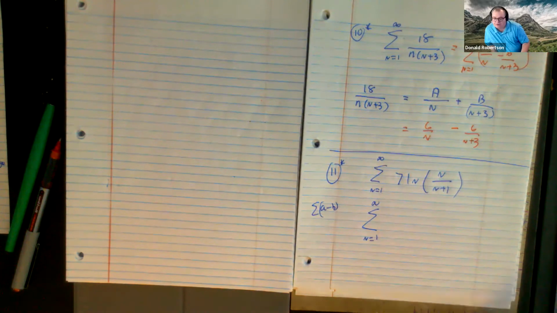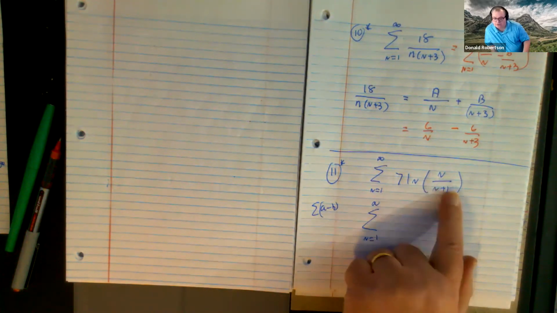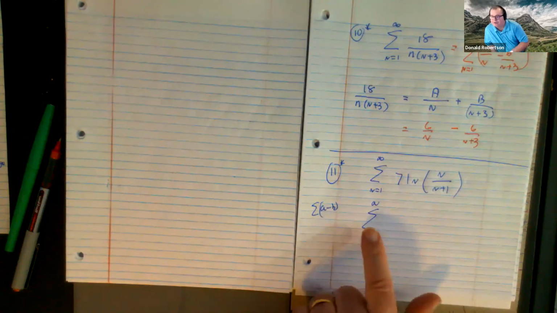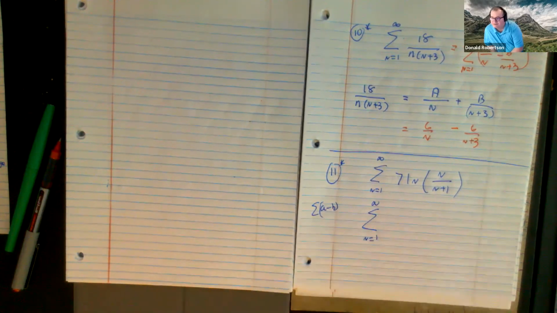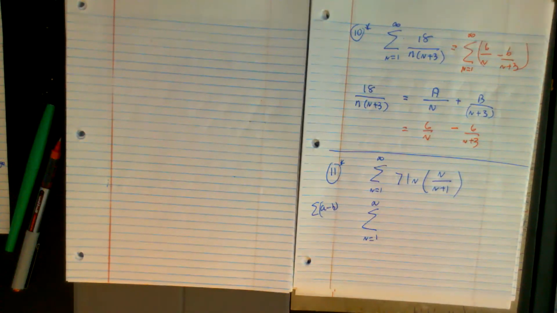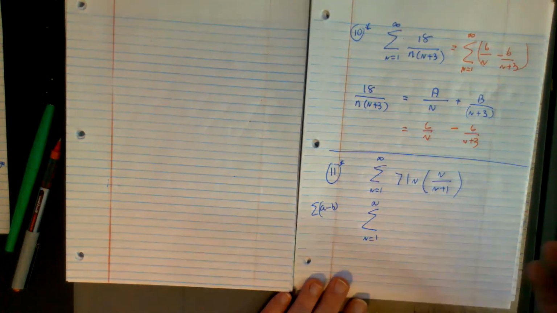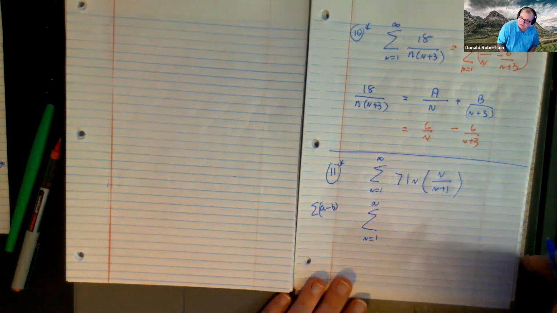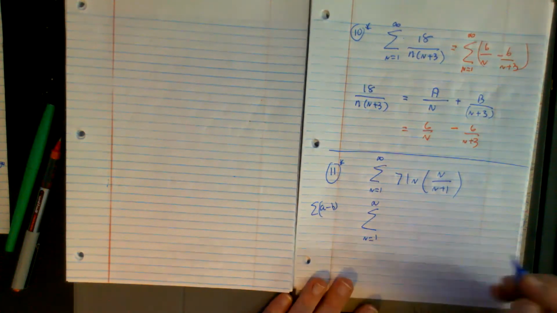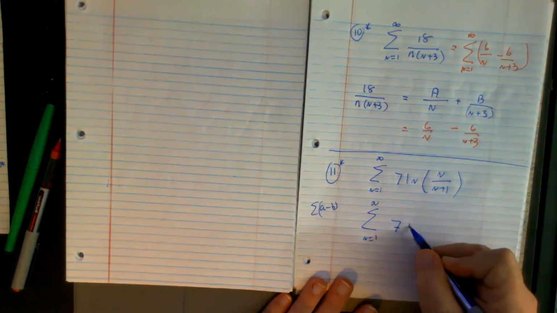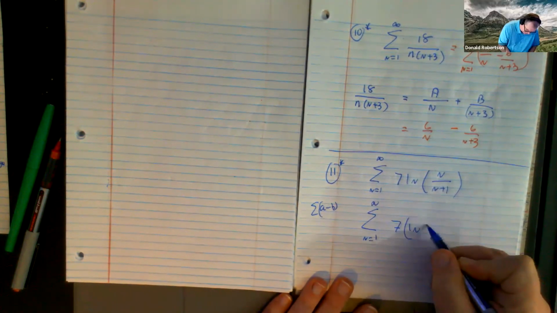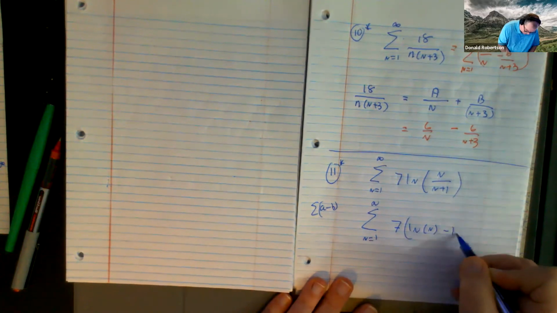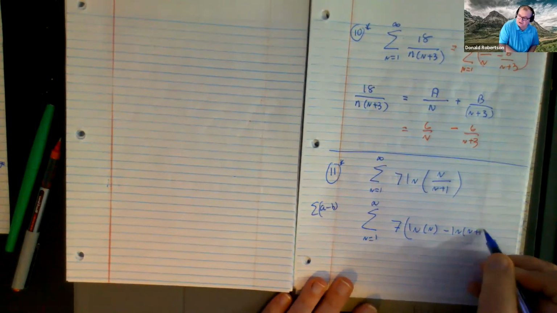Any ideas of how to rewrite this guy so it looks like something take away something? Seven natural log of n divided by n+1. How could I rewrite that as a subtraction? Put it into two different natural logs. Right, can I put a little bracket around it and call it that guy, take away that guy? Does that make sense?